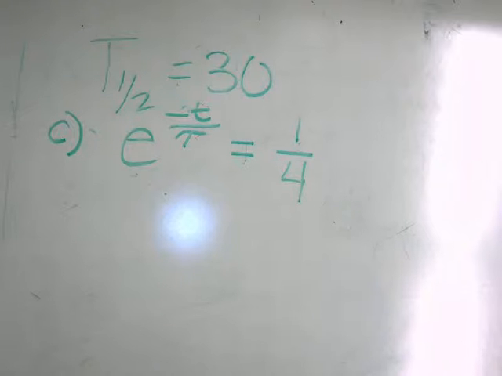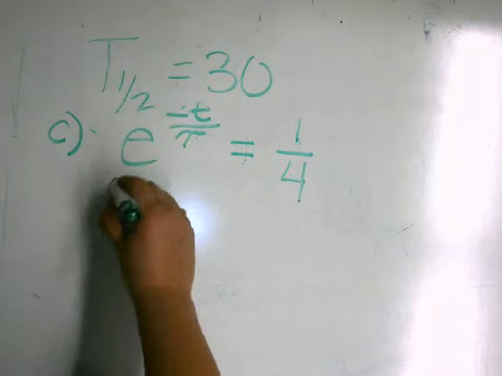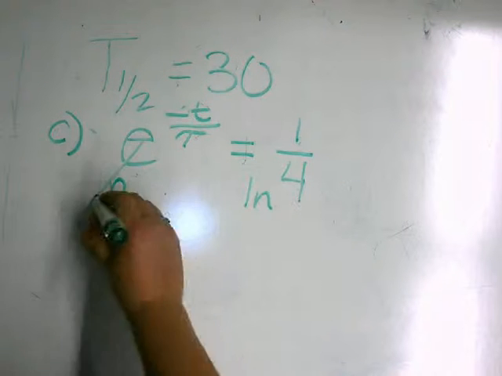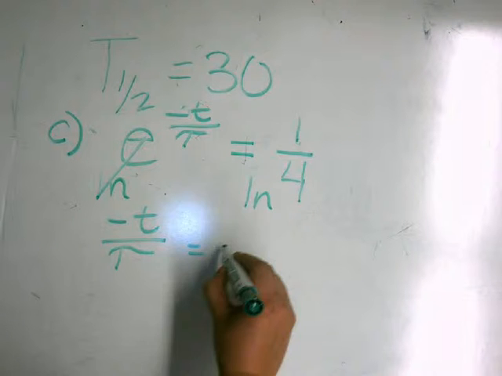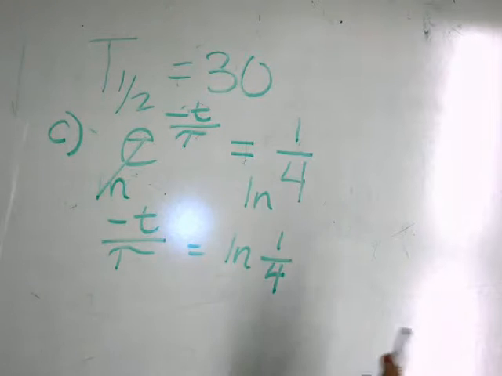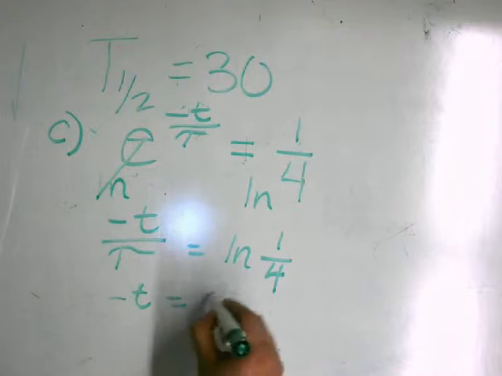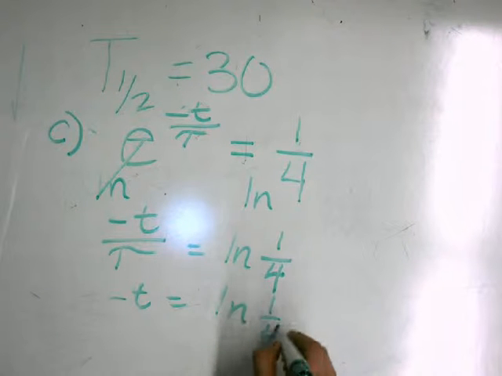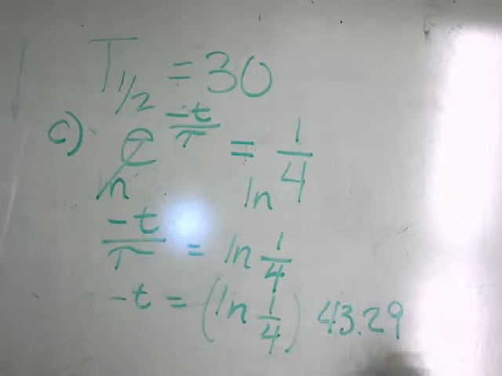Therefore, 1/4. Now, we take the natural logarithm again, and we get the natural logarithm of 1/4 is equal to negative t over the average lifetime. We can plug in the average lifetime we found earlier of 43.29 and get that t is equal to 60.01, or 60, just 60 works.